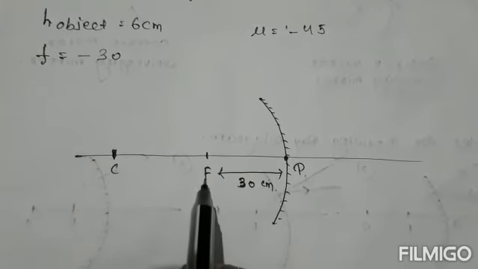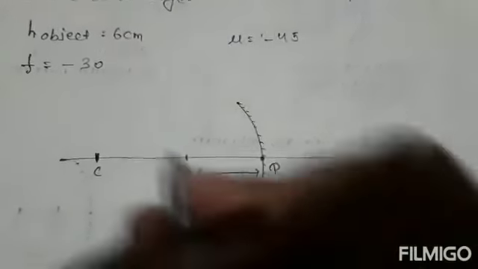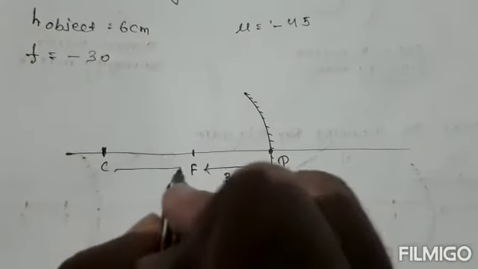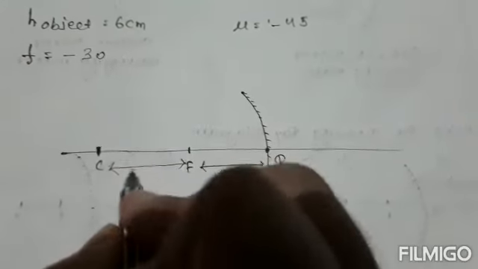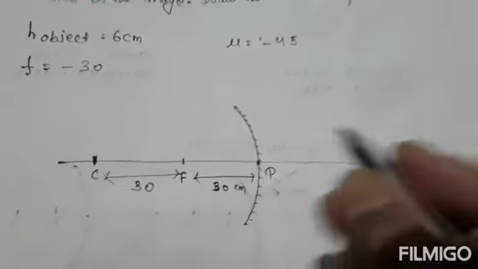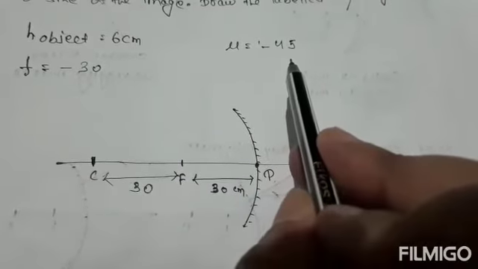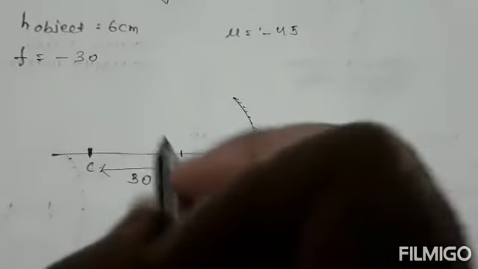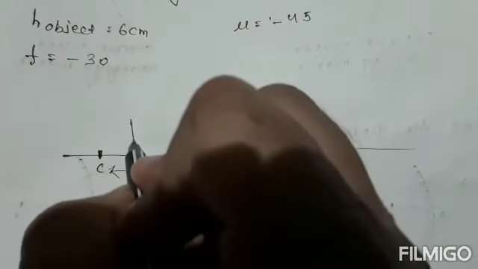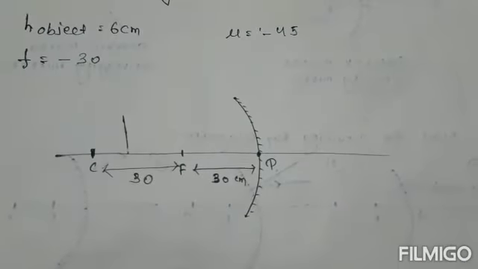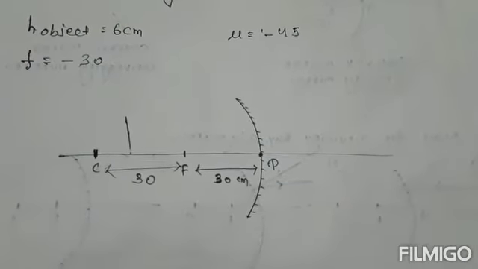That means focus to center of curvature, the distance is also 30 cm. But here the object distance is given minus 45 cm. So object is placed between center of curvature and focus.